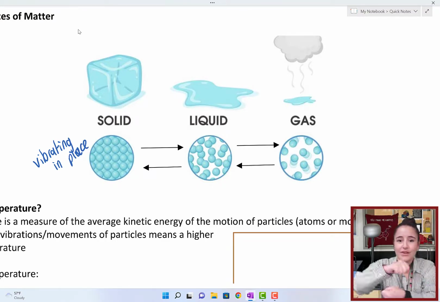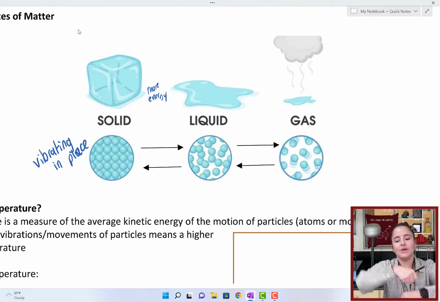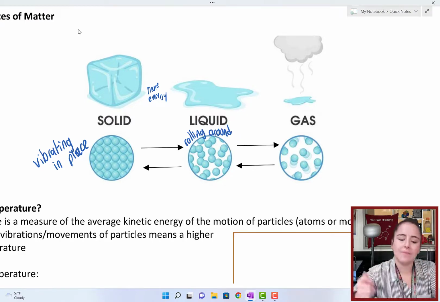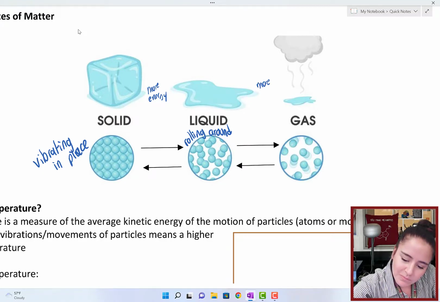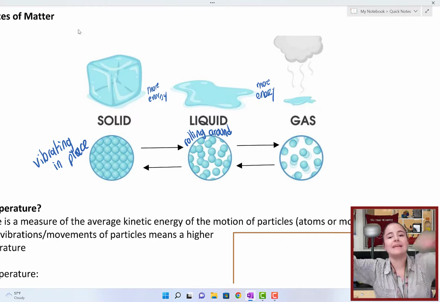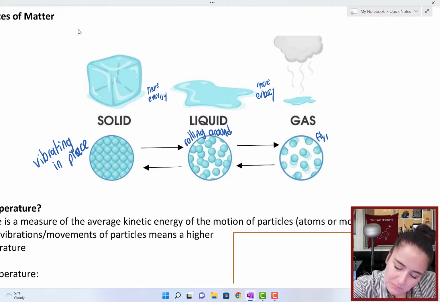And then as you give them more energy, they might turn into a liquid where the molecules are rolling around each other like in a mosh pit. And then if you give them even more energy, maybe you get a gas and the molecules are zipping around and flying all around.